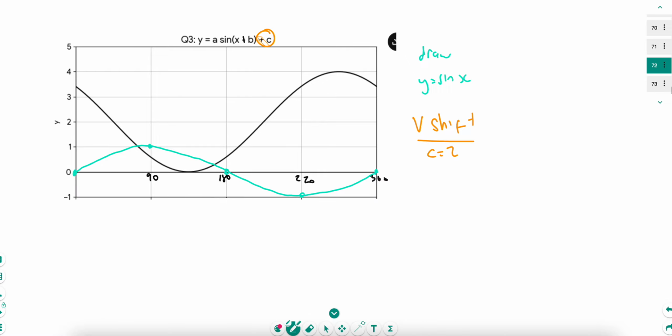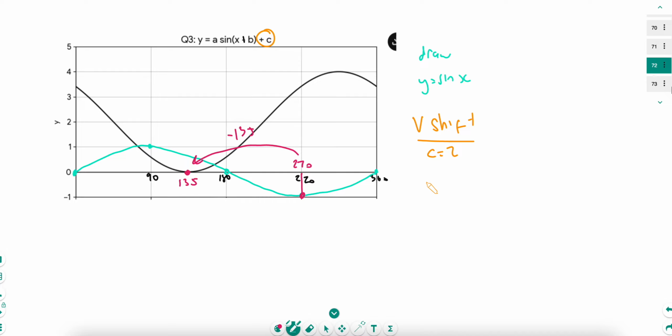Let's do our B value. So let's find the first minimum points for both of these. For our graph, the first minimum point is down over here. For this graph, the first minimum point is down over here. So here is at 270. Here's at 135. The middle of 90 and 180 is 135. So from 270 to 135, we've minus 135.